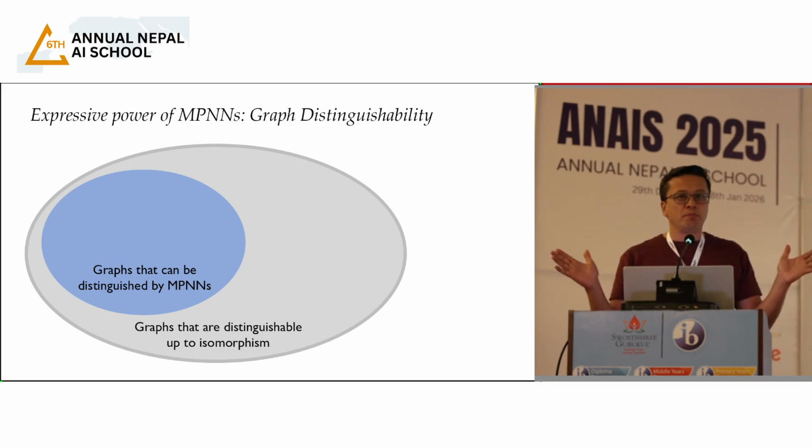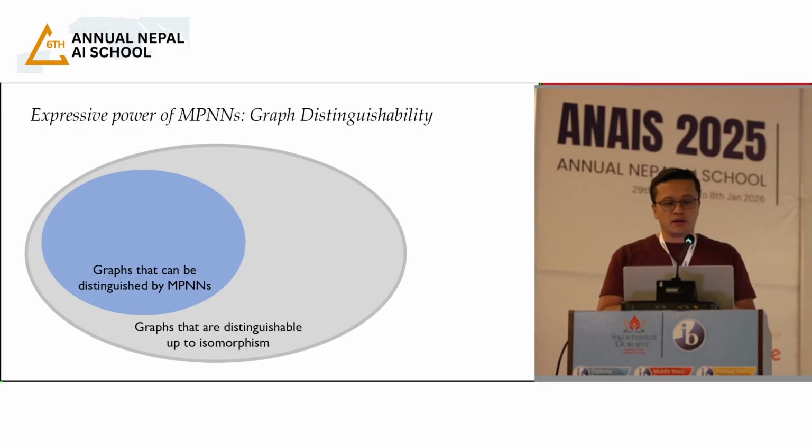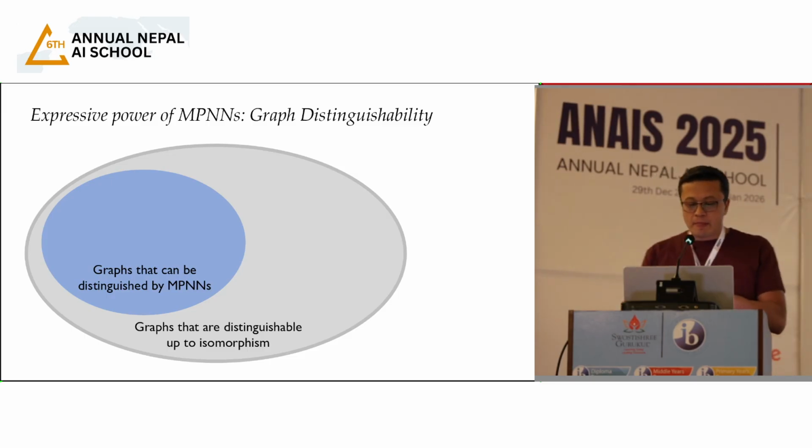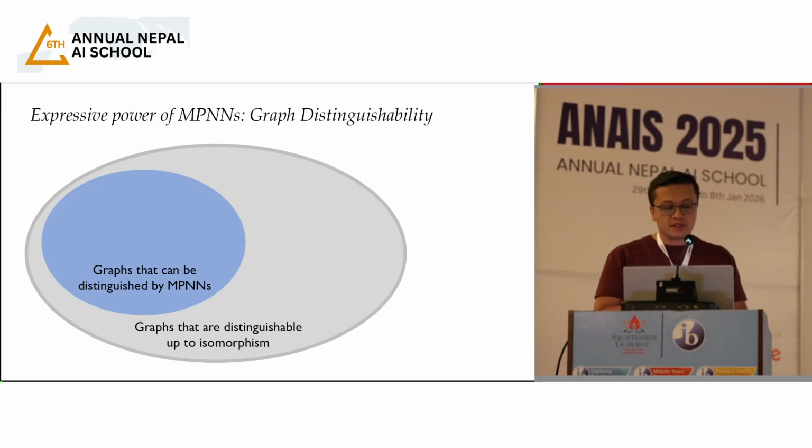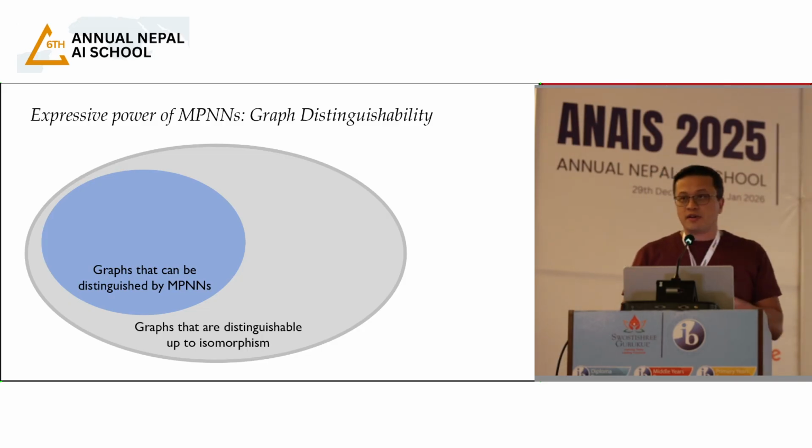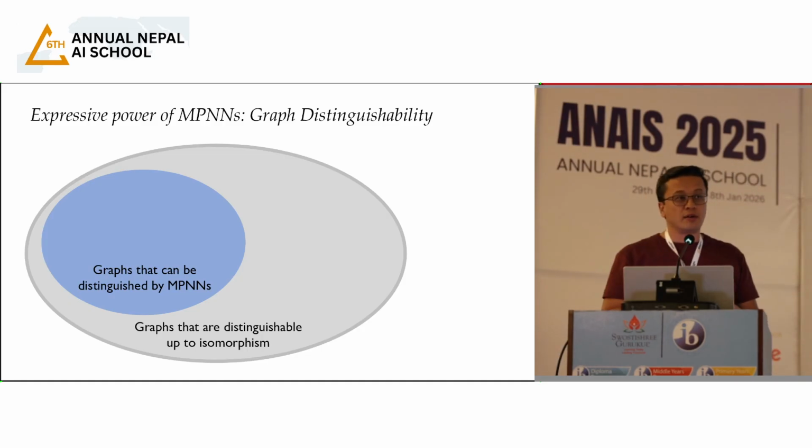Yeah, it would be a complete algorithm in this setup. Now, what happens in reality is that we have a subclass of this, right? Graphs that can be distinguished by message passing neural networks form a strict subclass. It's actually a much, much smaller subclass than all the graphs that are distinguishable up to isomorphism.